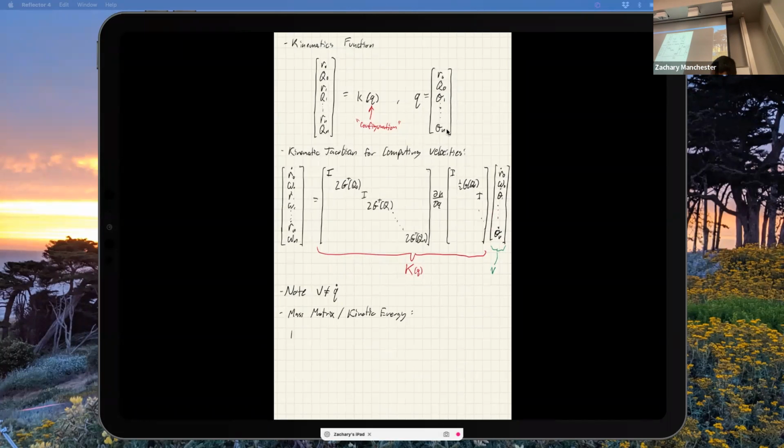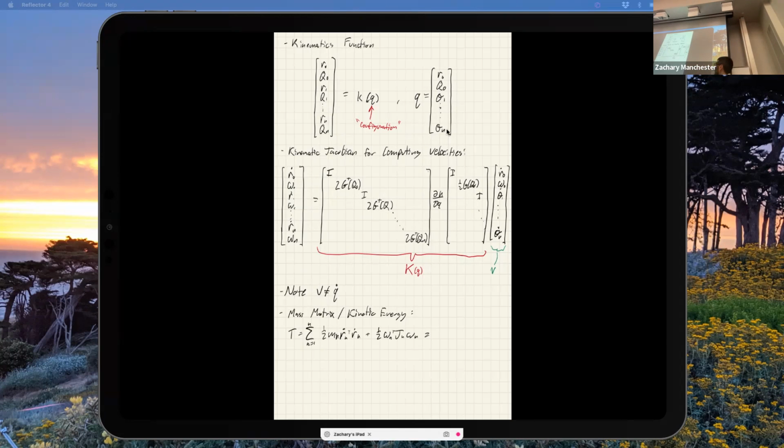So we can write down kinetic energy. It's just the sum over all the links. So we get 1/2 mv squared, so this is r dot. This is K. And then we've got the angular part. And this just equals, like we talked about last time.